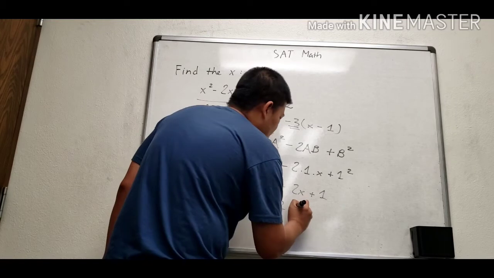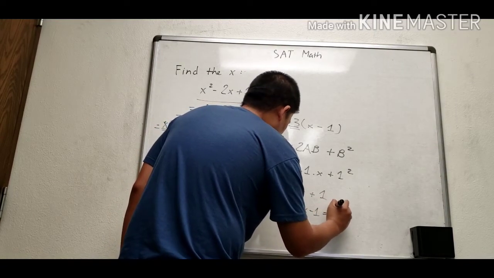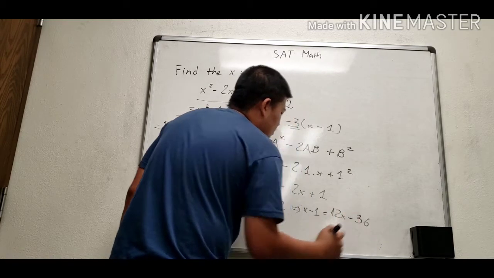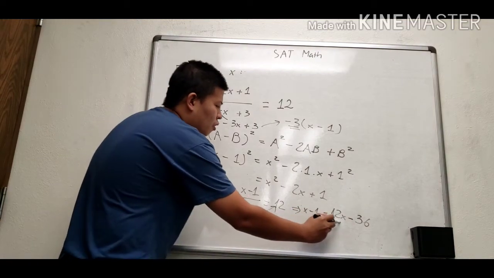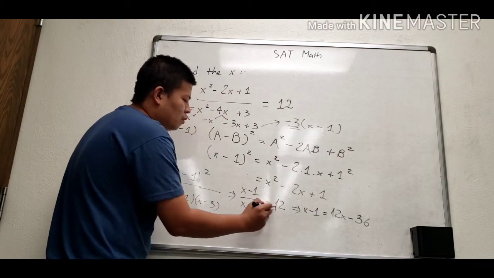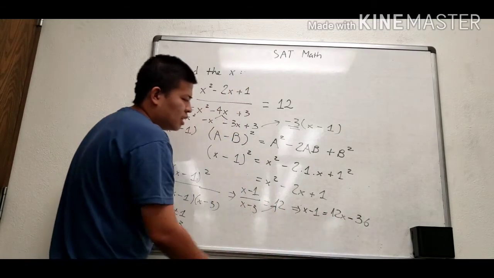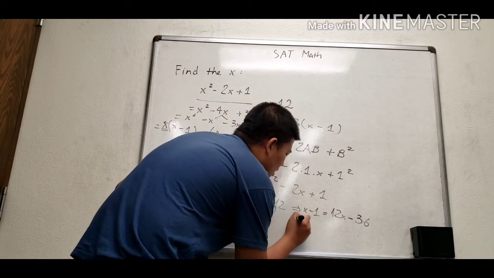You get s minus 1 equal to 12s minus 36. 12 multiplied with s is 12s. 12 multiplied with minus 3 is minus 36. That's why we got a number, and we just do the equation.